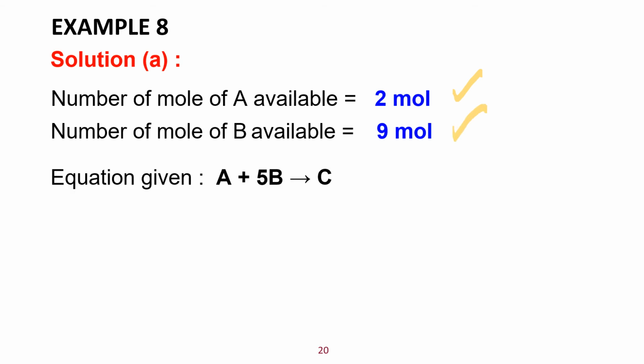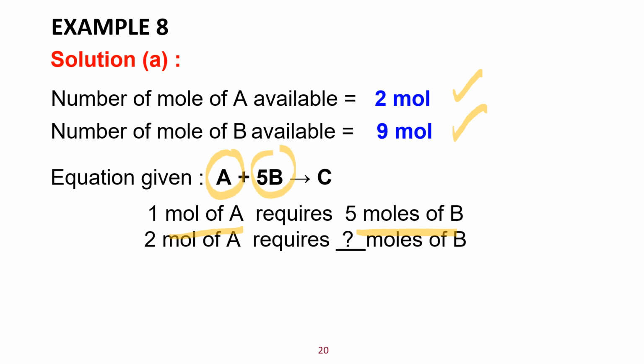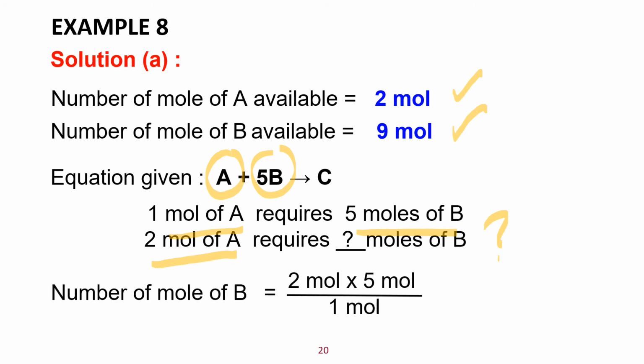From the given balanced chemical equation, we can see that 1 mole of A requires 5 moles of B. If there are 2 moles of A available, how many moles of B are needed? To determine the number of moles of B, we can use the cross-multiplying method, and this will obtain the number of moles of B needed that equals 10 moles.